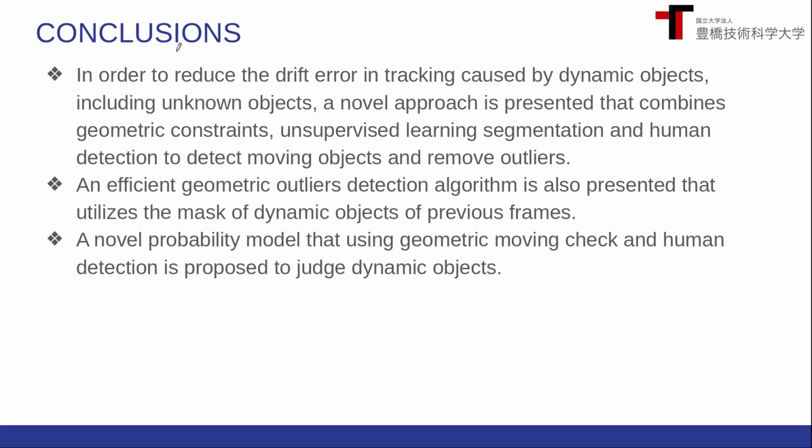In conclusion, in order to remove the drift error in tracking caused by dynamic objects, including unknown objects, a novel approach is presented that combines geometric check, k-means, and OpenPose to detect moving objects and remove outliers using the mask of dynamic objects.